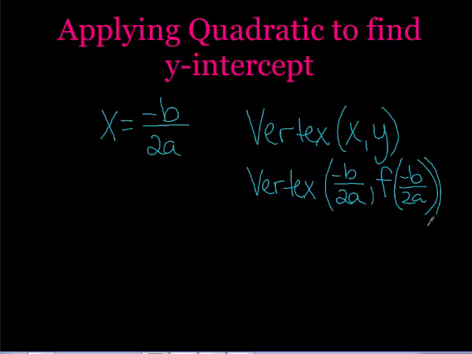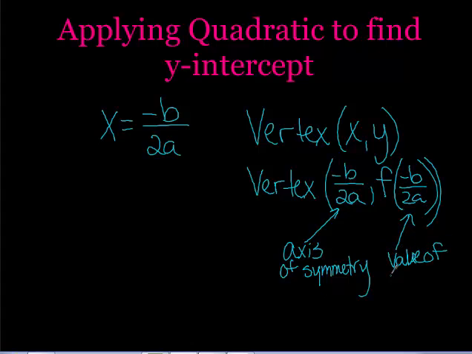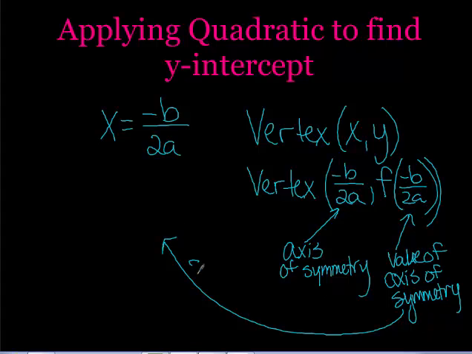Okay, that might have gotten lost, so let's talk about this again. This is my axis of symmetry, and this is when I take the value of my axis of symmetry and substitute it into the original ax squared plus bx plus c.